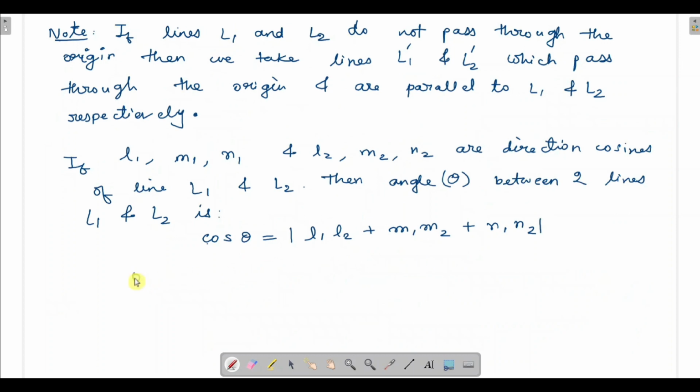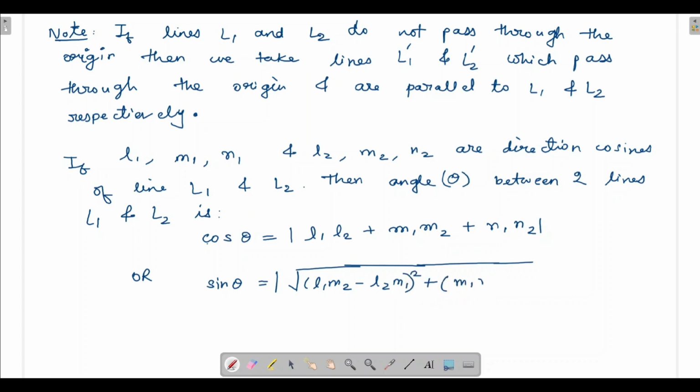So you will get this formula, or sin theta equal to modulus of root of L1 M2 minus L2 M1 the whole square plus M1 N2 minus M2 N1 the whole square plus N1 L2 minus N2 L1 the whole square. Okay, so these are the two formulas.